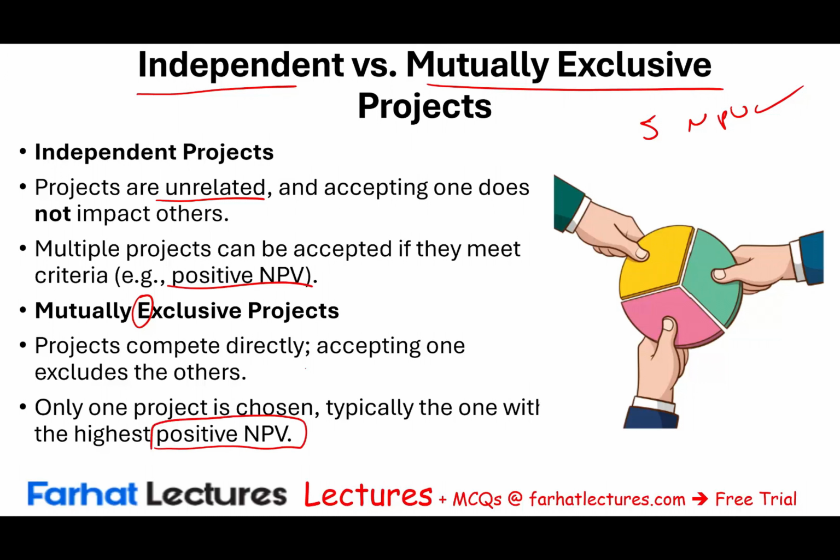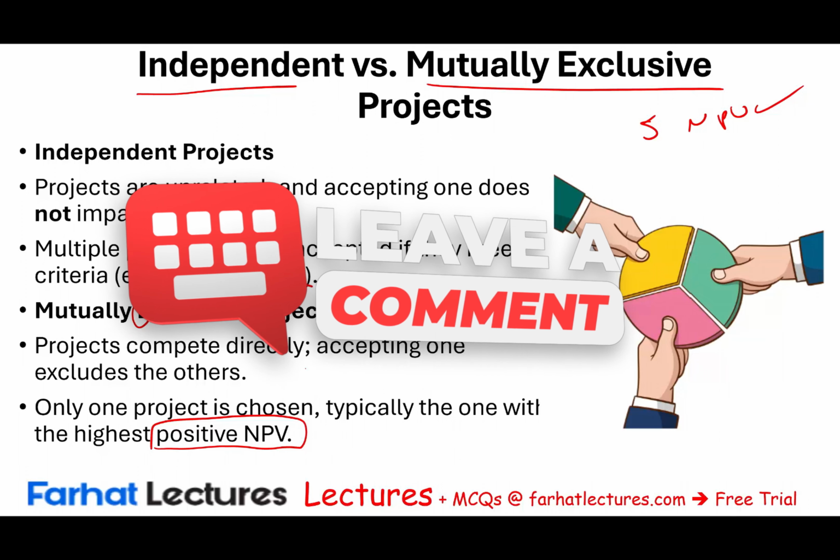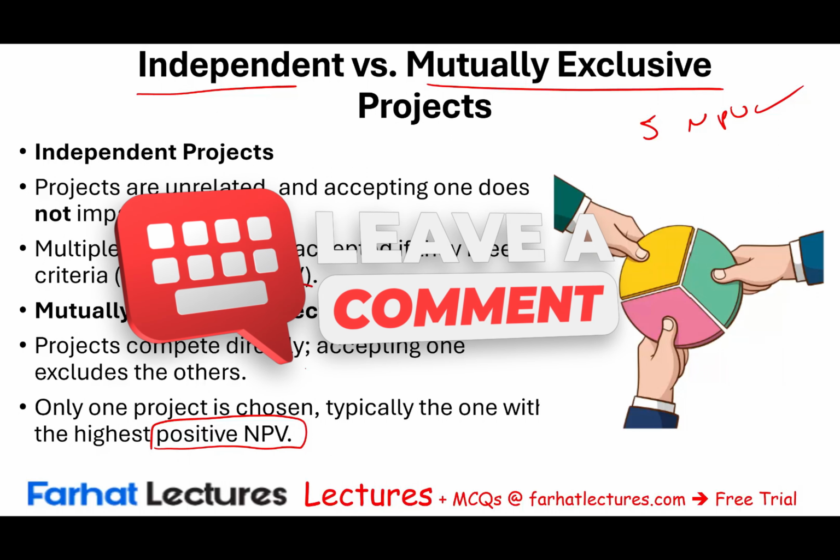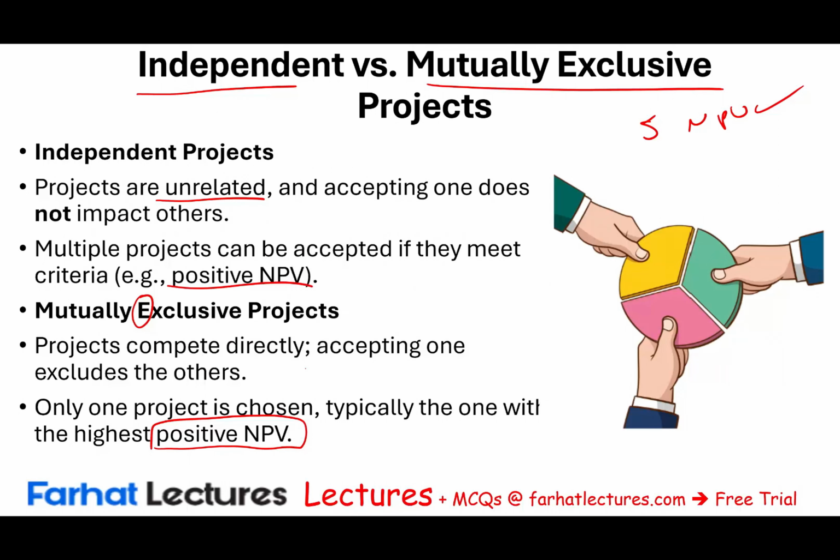Not necessarily the highest positive NPV. We're going to look later at something called the profitability index, and based on that it's a better figure. But if you don't know anything about the profitability index and you have 2 projects and one with a higher NPV, here what we're assuming is this. You invest 100,000 and you make 150, or you invest 100,000 and you make 140. So those are the minuses, those are the pluses.